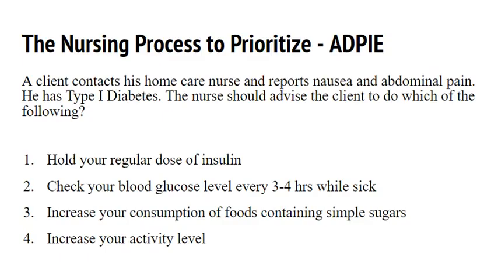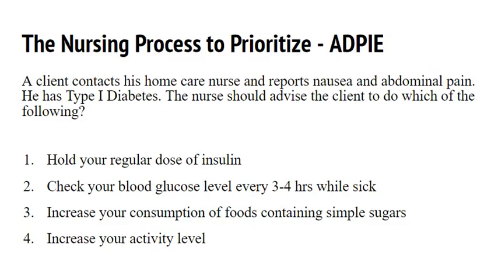That is an implementation. We're not getting any information from the client with that step. Check your blood glucose every 3 to 4 hours while sick. That's an assessment. Increase your consumption of foods containing simple sugars is an implementation. And increase your activity level is also an implementation. So we have 3 implementations. We have 1 assessment.